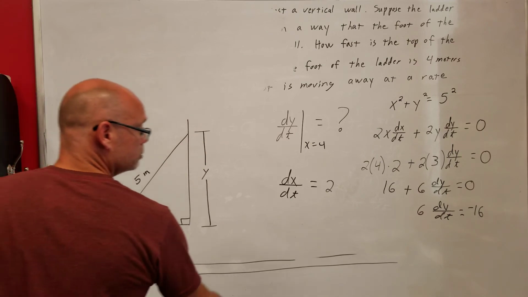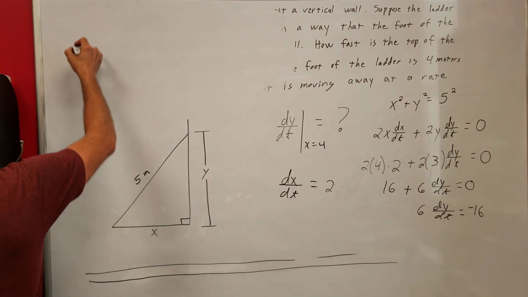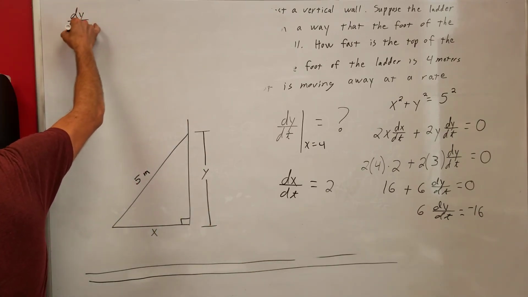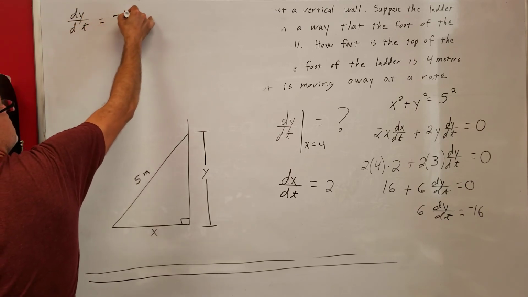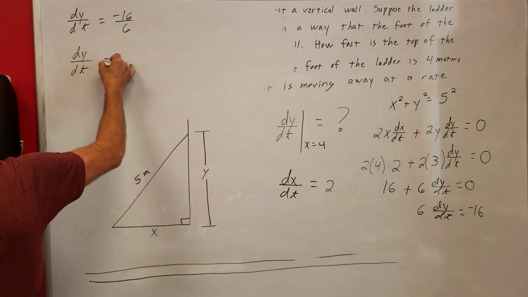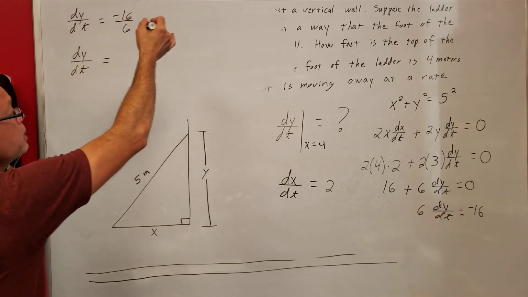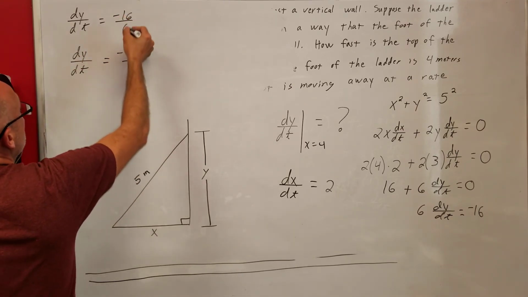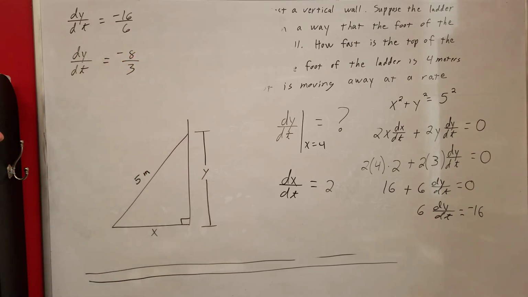Let's keep going. If I divide both sides by 6, I get dy over dt is equal to negative 16 over 6, or if I simplify, dividing both by 2, negative 8 over 3.